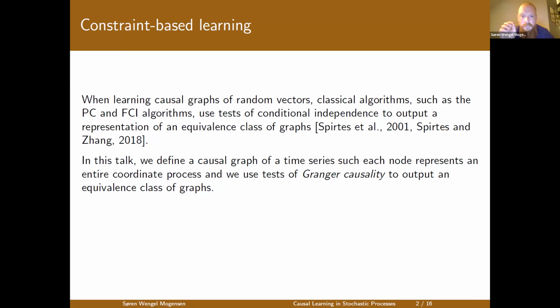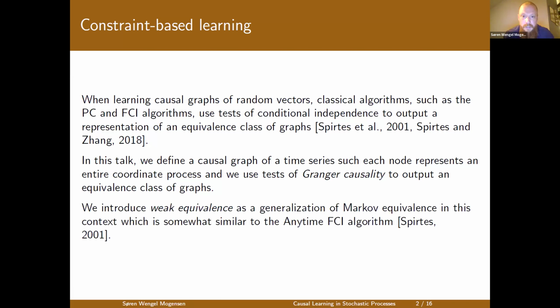But in this talk, we will consider a multivariate time series, and we want to output a causal graph where each node represents one process in this multivariate time series. A big chunk of this talk, we will look at what we call weak equivalence.